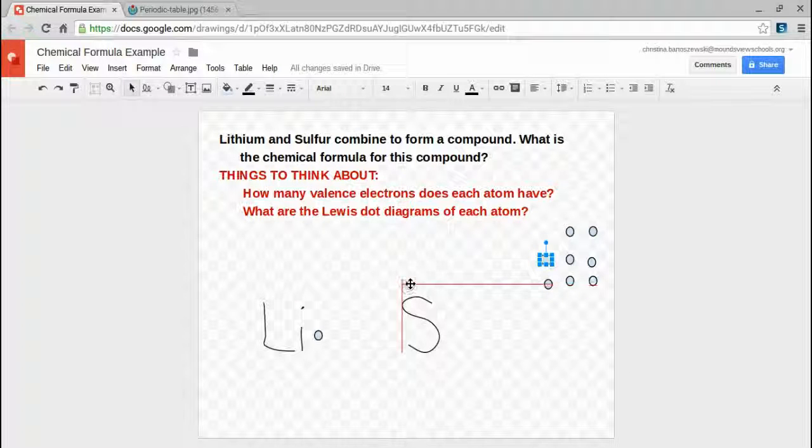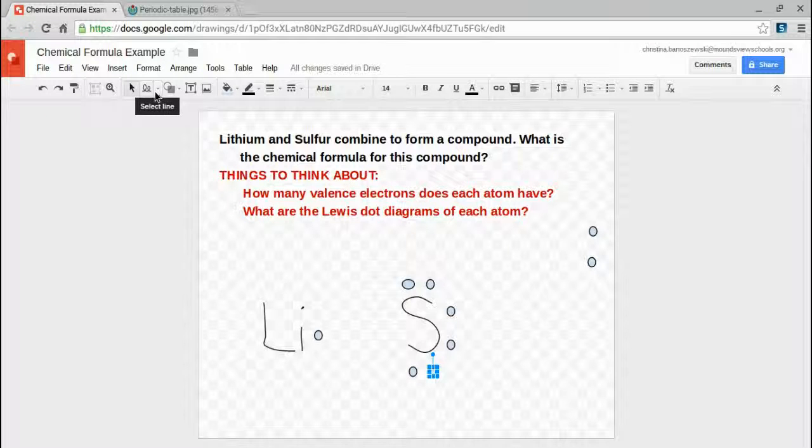So 1, 2, 3, 4, 5, and 6. You can place these electrons anywhere, but I like leaving the spot closest to the other atom open.